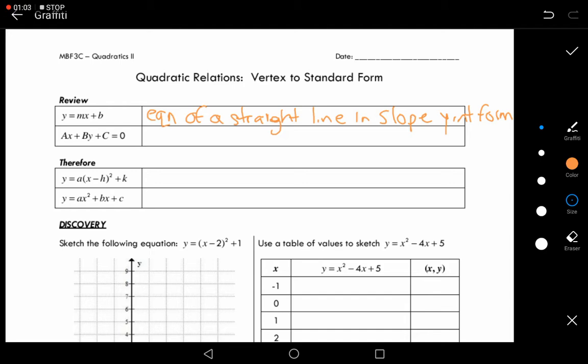Okay, this other equation should also be familiar to you. It says ax plus by plus c equals 0. So this is also an equation of a straight line. I'm just going to put little quotations, that's just to say, yep, this is also the equation of a straight line, but this is in standard form.